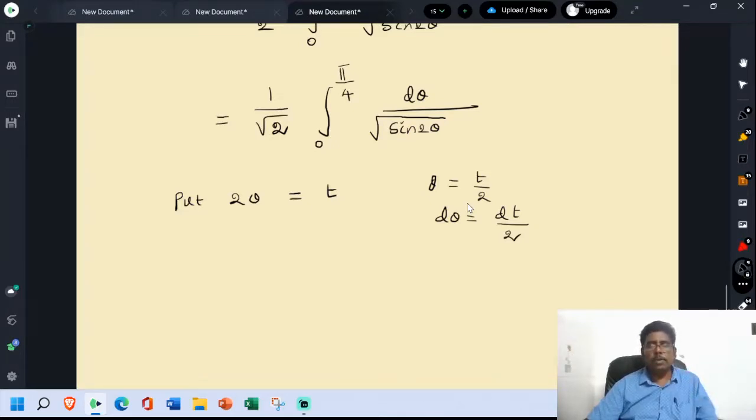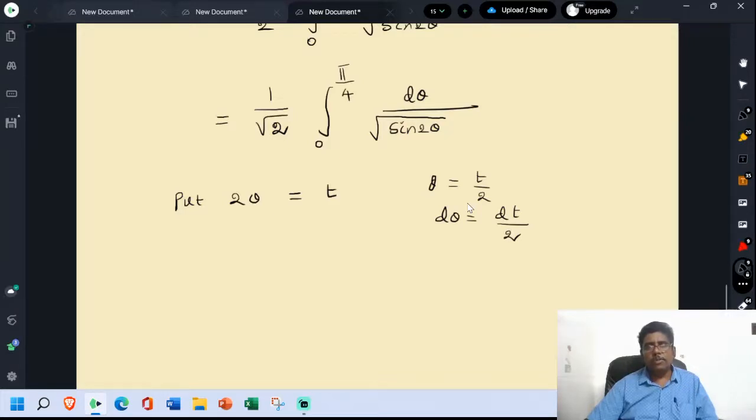Now think about the limit. Lower limit is 0 here. But if you introduce t equal to 2 theta, so 2 into 0, 0. Upper limit is pi by 4, which means that theta equal to pi by 4.